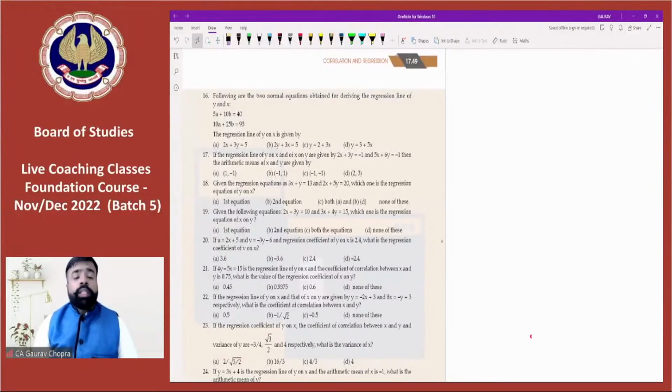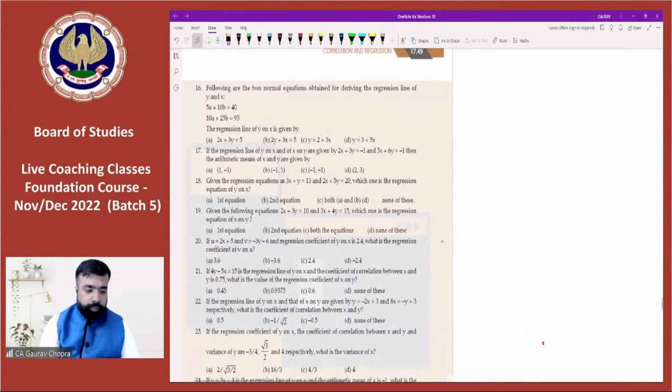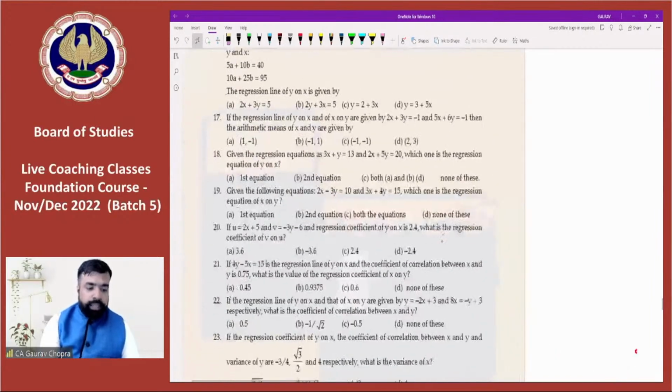We are having one more session on this correlation and regression, so we will take some more doubts and some more concepts in that session. Let us try a few more questions today, and after that, we will take some more doubts in our next class, which is on the 6th. So let us try some small and basic questions first, like the 17th one.